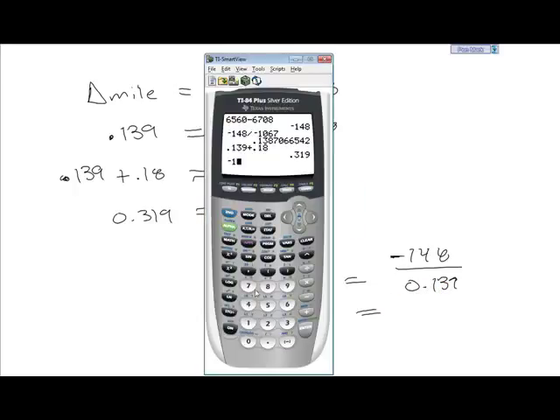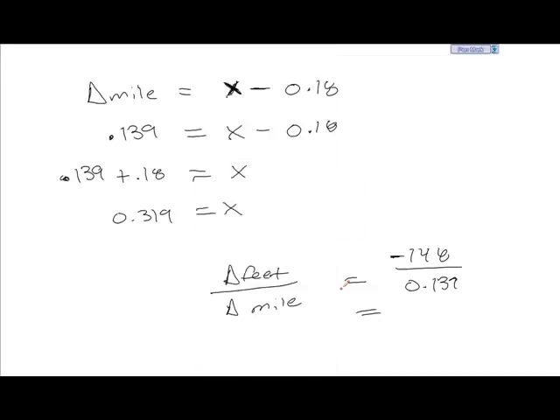So, negative 148 divided by 0.139, and it gives me negative 1064.7, and that's just because we decided to round to 3 decimal places. So that's it. Again, there are a couple of different ways you could do it.